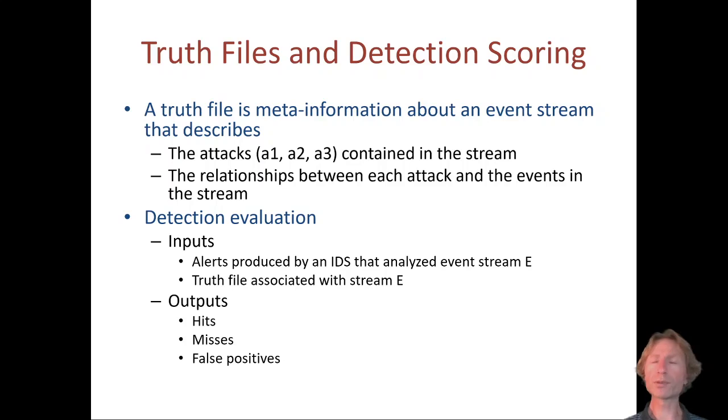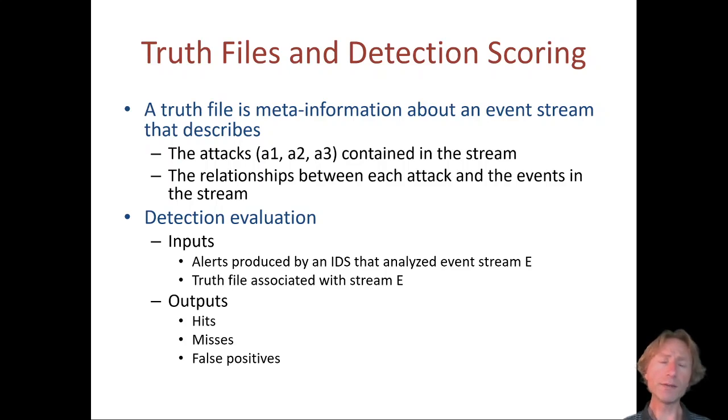So sometimes truth files require manual annotation, manual labeling. So this event and this event and this event together represent this attack. Sometimes we try to generate this automatically. That's a lot more complicated. Okay.